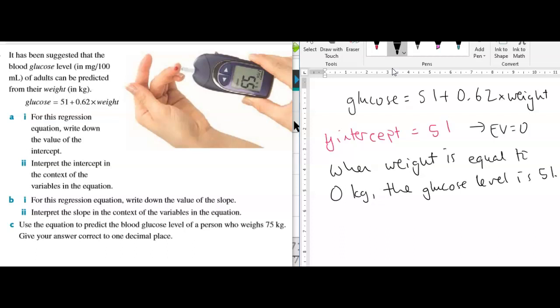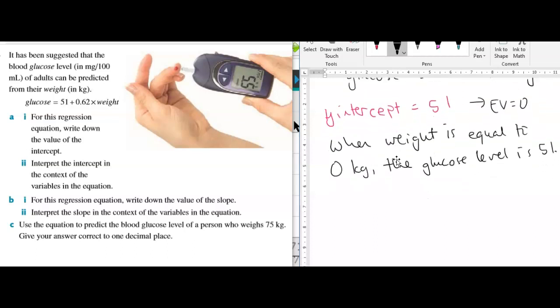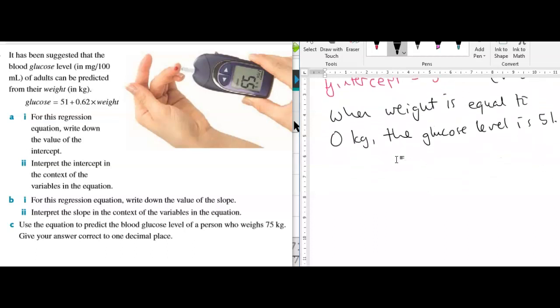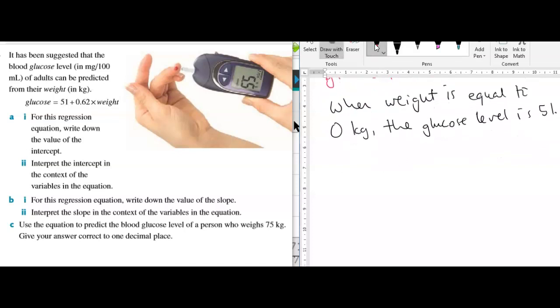Kilograms is the unit we're measuring weight in, and you can put the units in there, milligrams per 100 mils. That's interpreting our y-intercept. Obviously, you wouldn't have a weight of 0 kilos, but sometimes in the context of the problem it just doesn't make sense, but that's how you would interpret it anyway.